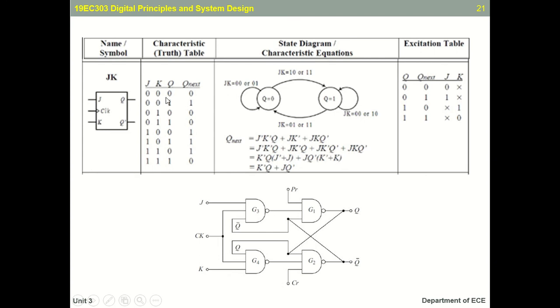When it's 0 0 and q is also 0, it retains the same state. When it's 0 0 and q is 1, it goes to the next state. When it's 0 1, if it's in the same state, it can retain. When it's 0 1, going to the next state is also possible. So like this you can draw it with the help of the characteristic table.